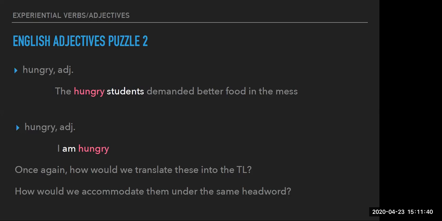But usually I would say you should give a default form and make sure that the user is aware that this is just the default. So you can maybe mark it as masculine so that the user knows that there's a feminine form, and you might want to use an example that shows the feminine form, right?